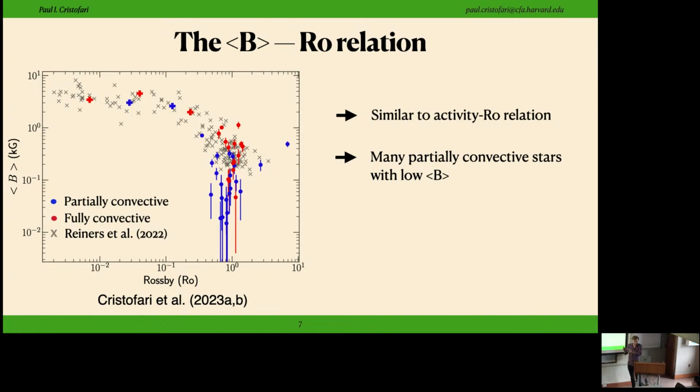That means I really don't need to include magnetic fields in order to reproduce their spectra. So it could mean that we indeed have a spread in the data points here, and that we do have some stars that have similar Rossby numbers, if we have the rotation correct, and yet don't have a very strong magnetic field. So that's one result.